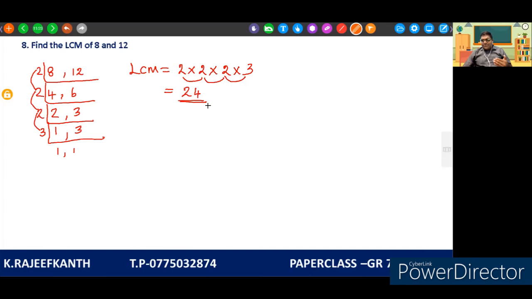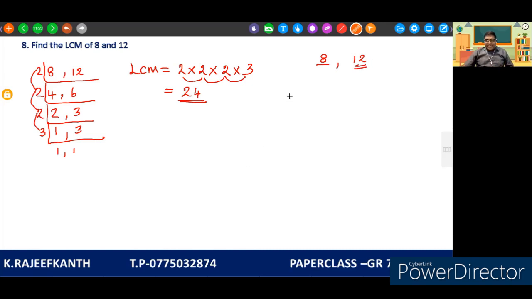Here we can find it mentally also. How can we find it mentally? Here 8, 12. LCM means least common multiple, right? So first we have to select the highest value. Here 8 and 12, the highest value is 12, right?